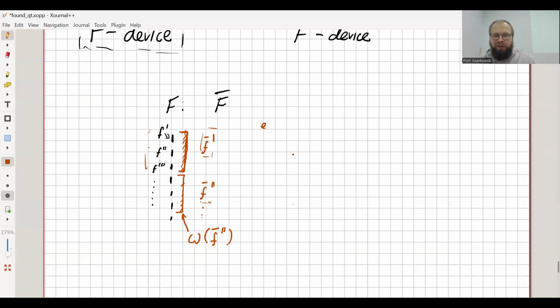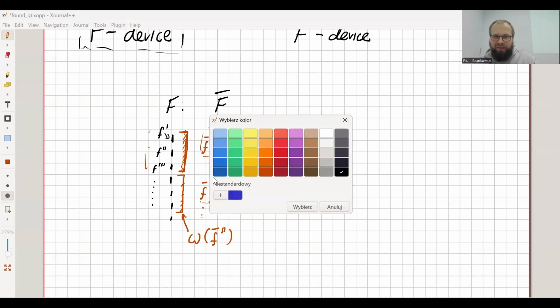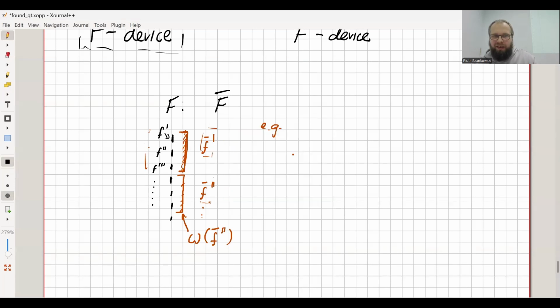So for example, omega prime, this guy, would be a set composed of F prime, F double prime, F triple prime, because those are the fine alternatives which are blobbed together by the F bar device.